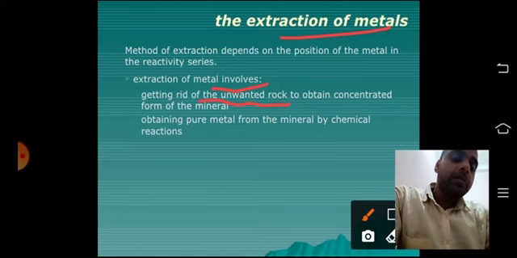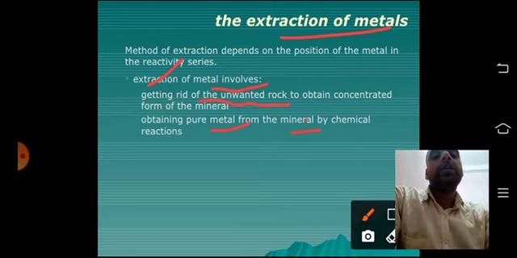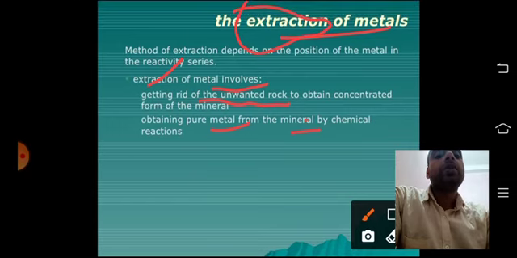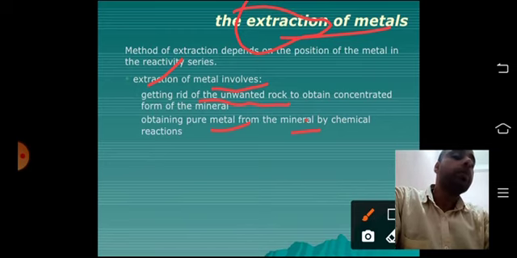If some unwanted impurities are there, we can remove them during the extraction and obtain pure metals from the minerals. If some minerals are there, then we can obtain the pure metals. That's why extraction is very essential for obtaining pure metals.